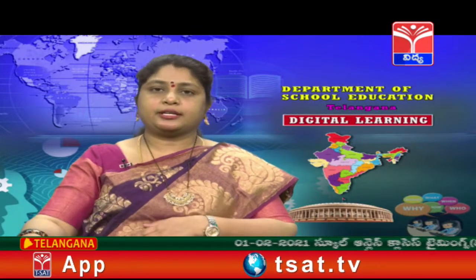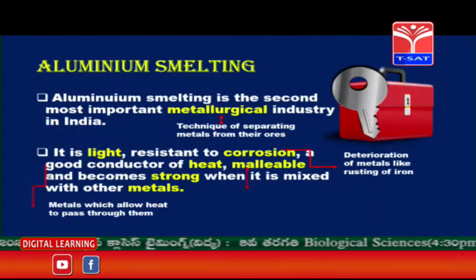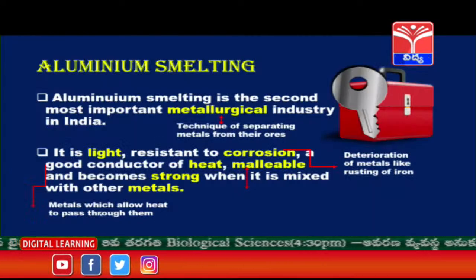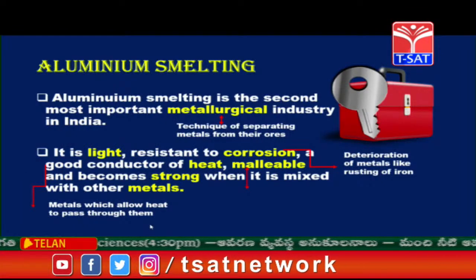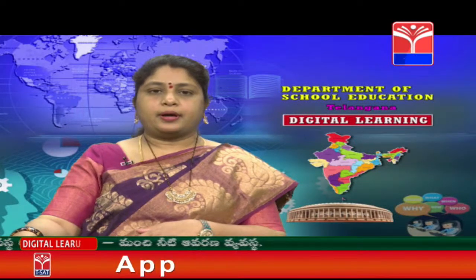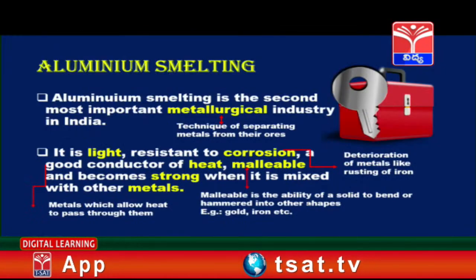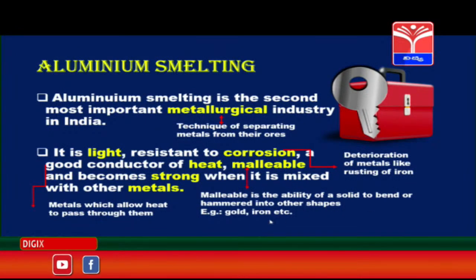Then it is a good conductor of heat. What is the meaning of good conductor of heat? Metals which allow heat to pass through them are known as good conductors of heat. And it is malleable. Malleable means the ability of a solid to be bent or hammered into other shapes. So, aluminium can be easily bent.